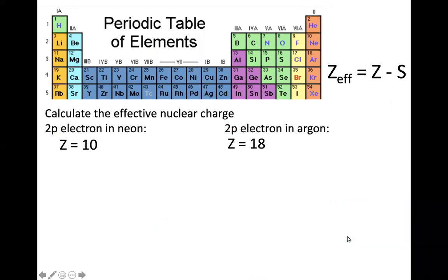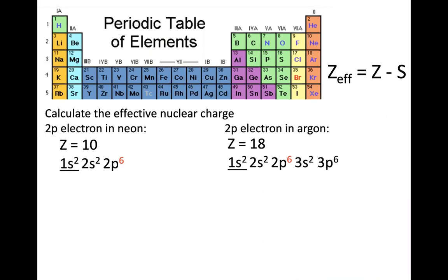Let me go on. I want to illustrate a few more points. Let's say we're looking at a 2p electron in neon and a 2p electron in argon. If I were to set up and do the math for this one, I know the number of protons: 10 for neon, 18 for argon. In both cases, I'm asking about this 2p electron. So for neon, it's 1s2, 2s2, 2p6.